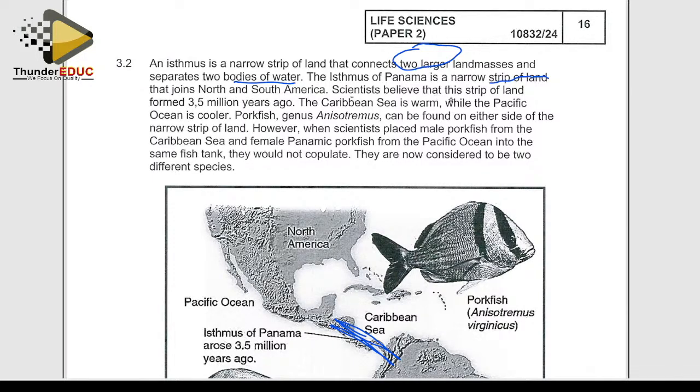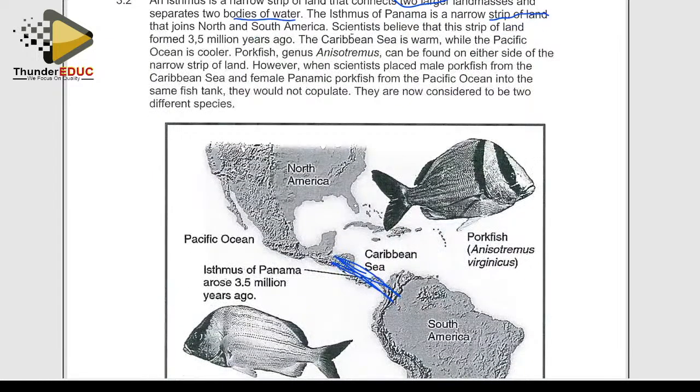The Caribbean Sea is warm, while the Pacific Sea is cooler. Then they're saying porkfish can be found on either side of the narrow strip. Muslims, do you eat this one? Porkfish, maybe it looks like pork or tastes like pork, I don't know.